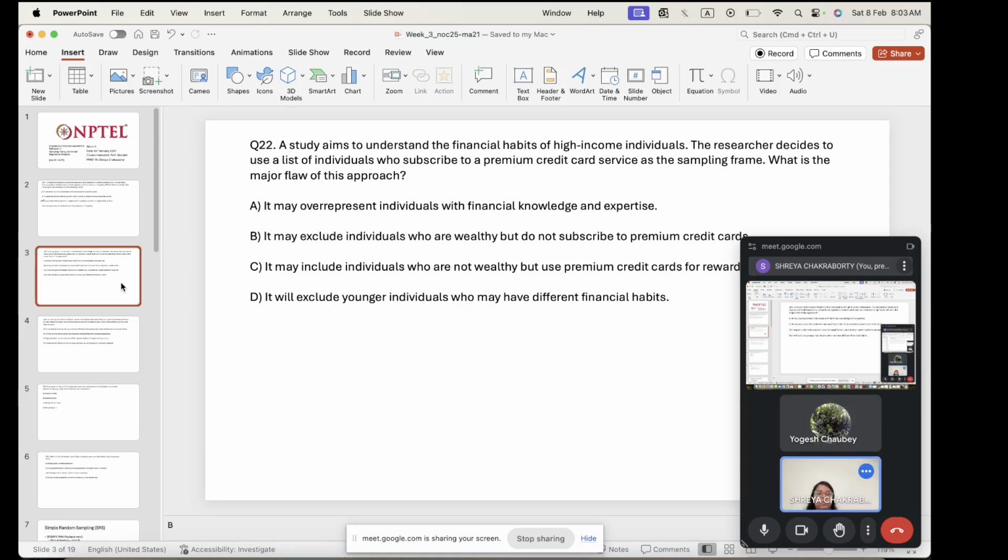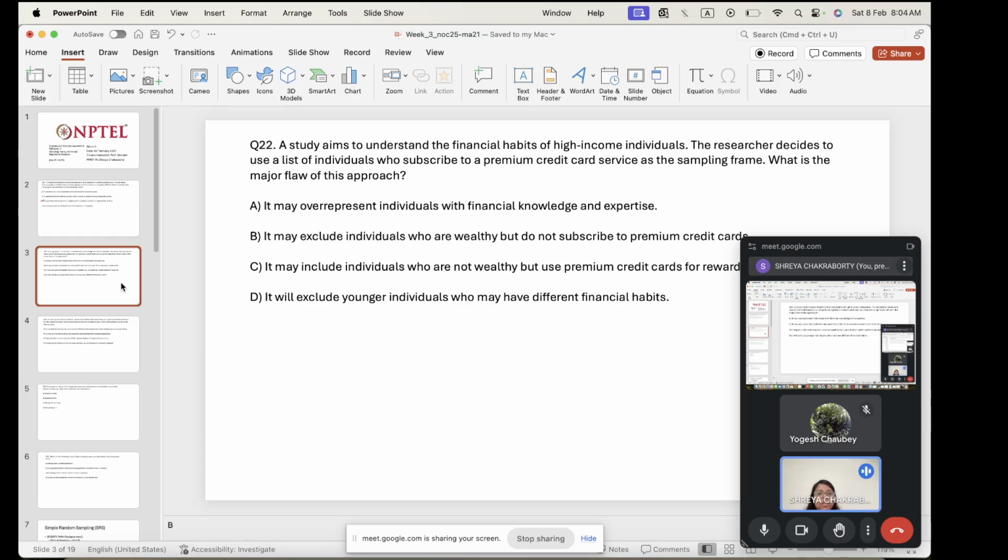Question 22. A study aims to understand the financial habits of high income individuals. The researcher decides to use a list of individuals who subscribe to a premium credit card service as the sampling frame. What is the major flaw of this approach?